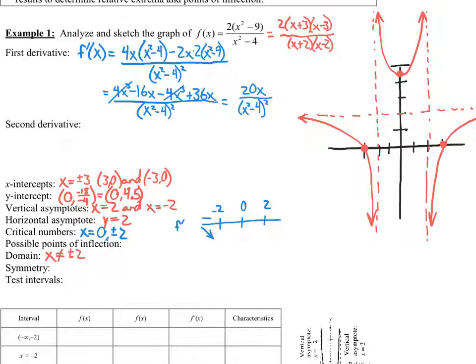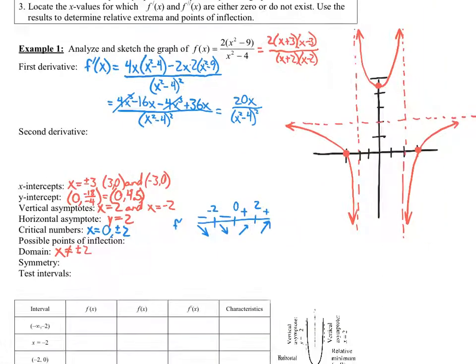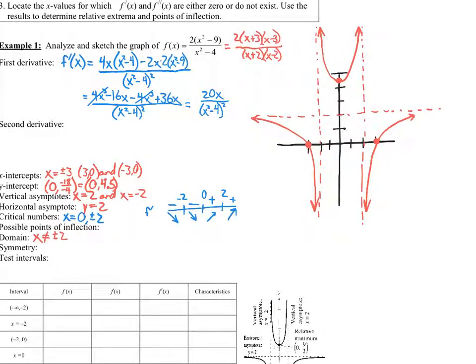And between negative 2 and 0, same thing, it's still decreasing. From 0 to 2, it's positive, which means our function is increasing. After we pass 2, same thing, positive, so it's increasing. As you look at what we surmised the graph would look like, you can actually see this.